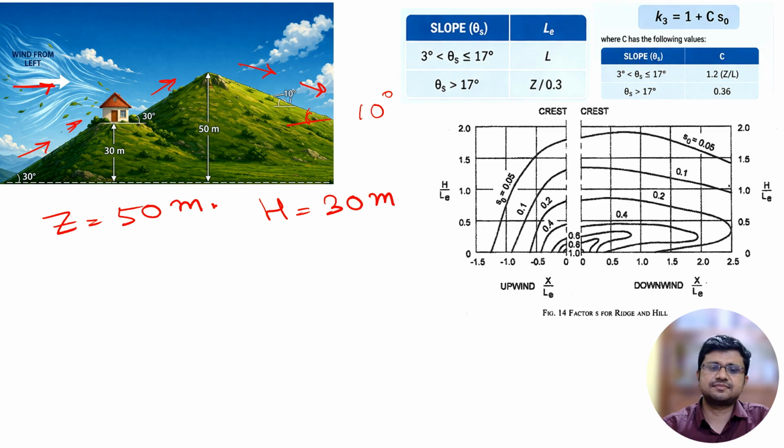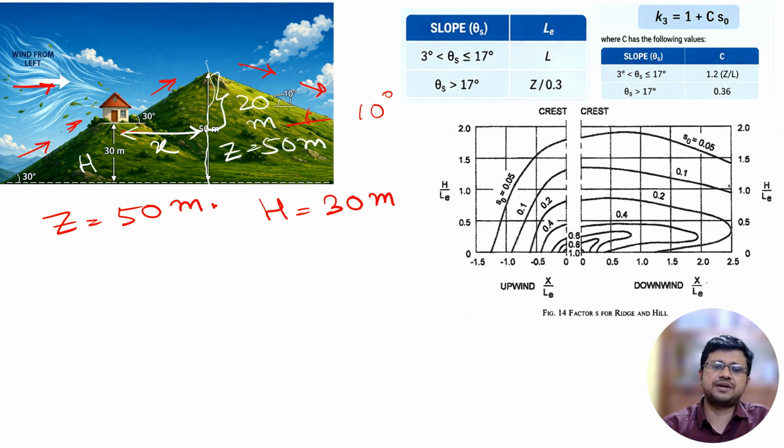So what is X? X is actually the distance between these two lines, because we know that X is the distance of the point from the topmost point of the topographic feature. So if we think of this as the crest line, how much is the distance of our building from this line, that will be X. So how to calculate the value of X? H is 30 meter, and here our Z is 50 meter. So this value will be 20 meter.